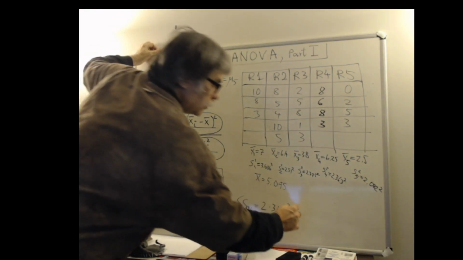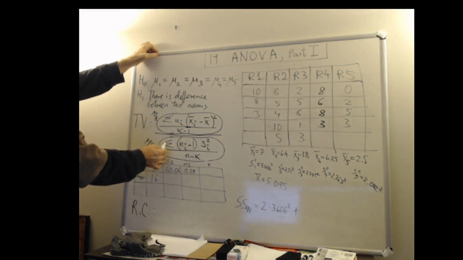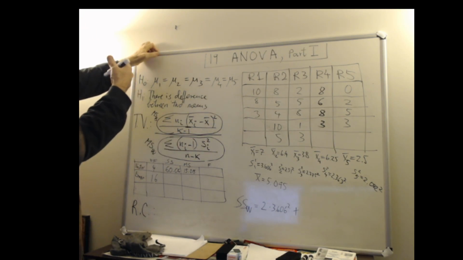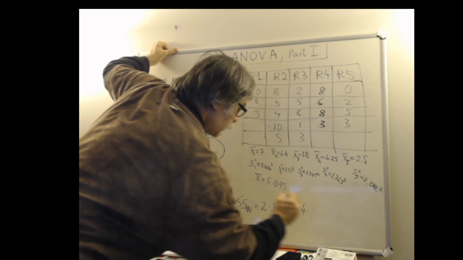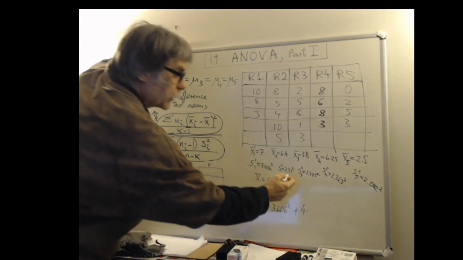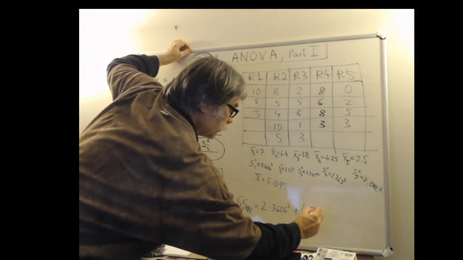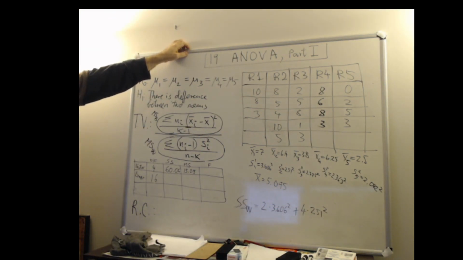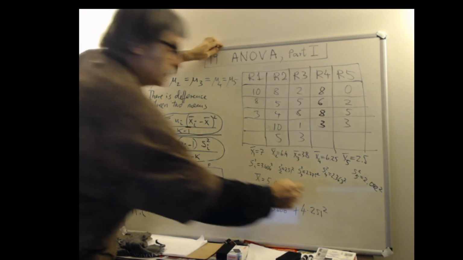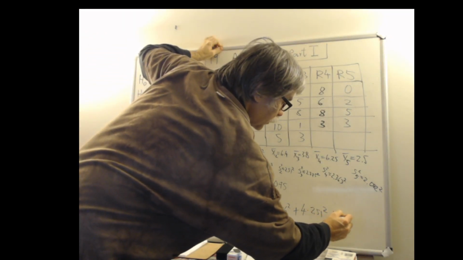Second group: I'm only calculating this piece, right? Degrees of freedom of the second group, 4, times the variance in the second group, which you have here, 2.51 squared. And now you keep on repeating that for group 3, group 4, group 5. You're going to finish this calculation.